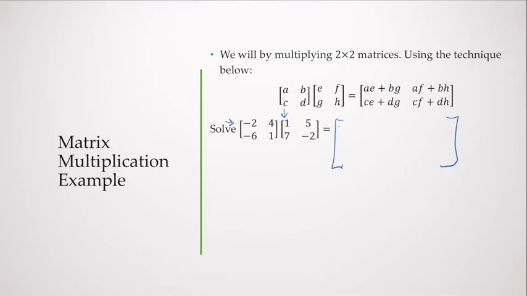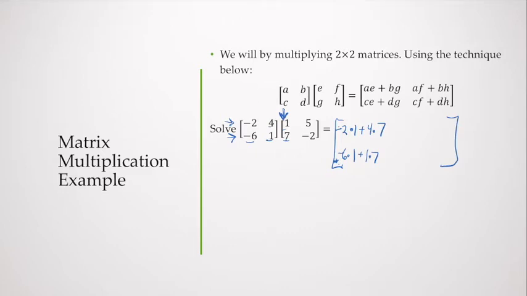So I'm going to take -2 times 1 and add that to 4 times 7. Now in order to get the entry in row 2, column 1, I have to take row 2 times column 1. So I'm going to have negative 6 times 1 plus 1 times 7.